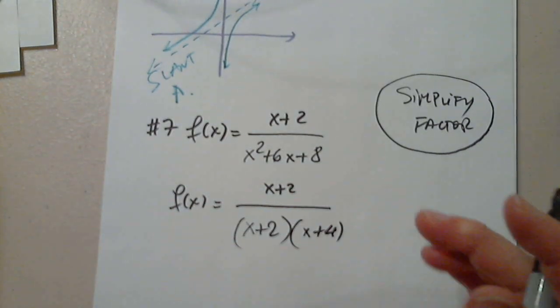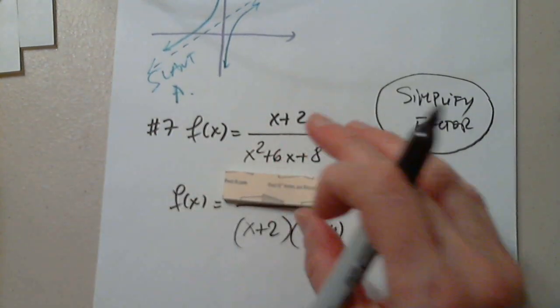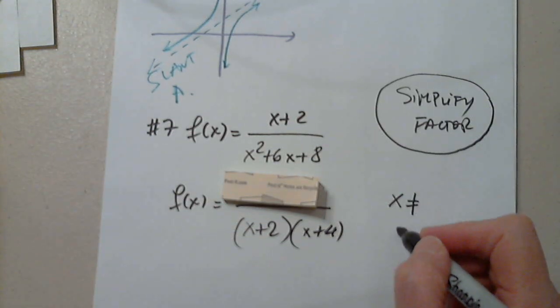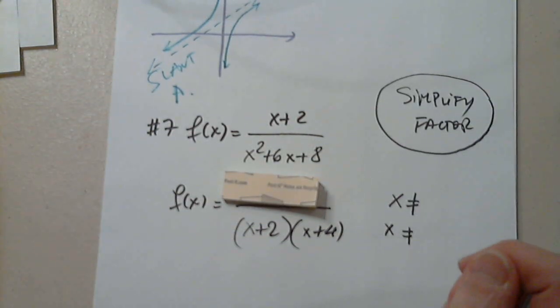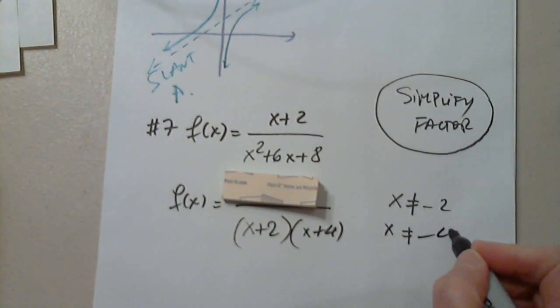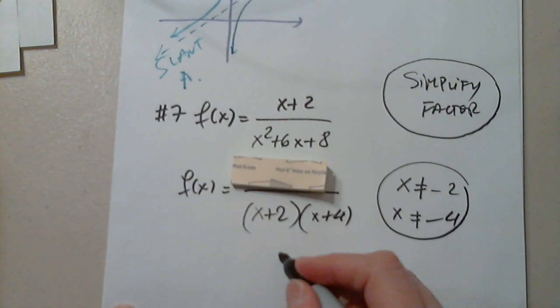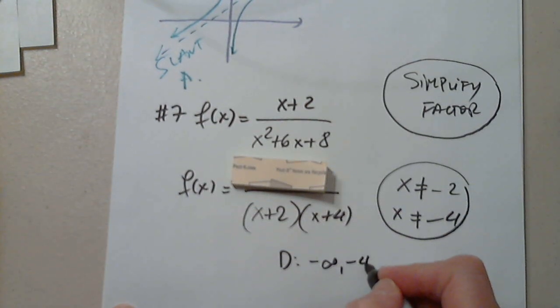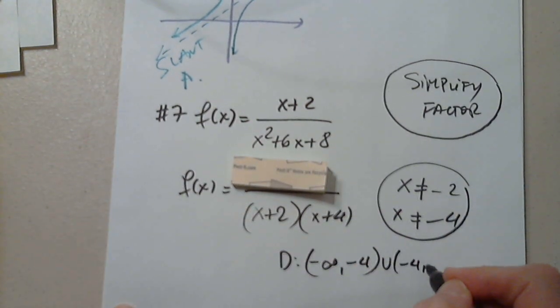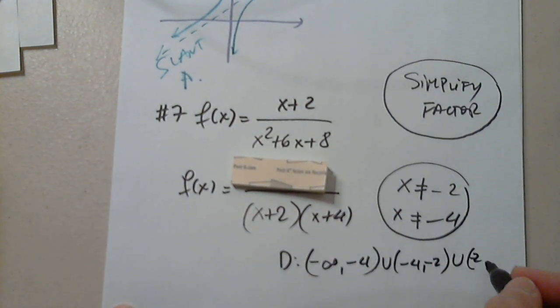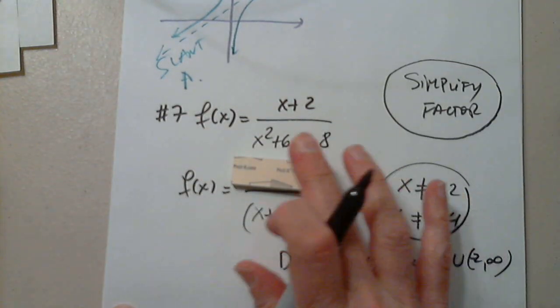Very good. I have to state restrictions first before I simplify if it's possible. What are the restrictions for this function? Negative 2, negative 4. Very good. So remember the domain of this function is negative infinity to negative 4, union negative 4 to negative 2, union negative 2 to infinity.